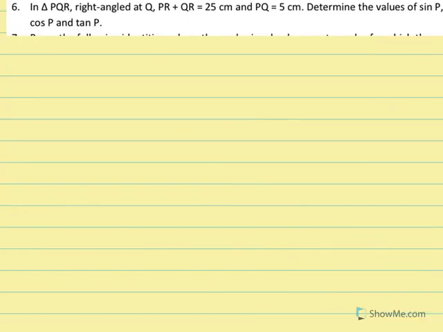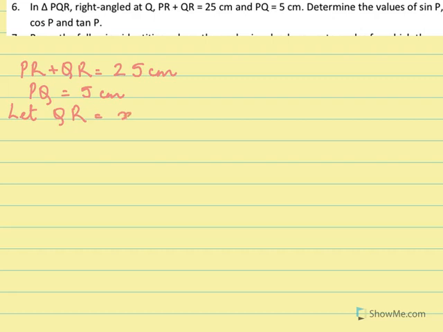In triangle PQR, right angle at Q, PR plus QR equal to 25 centimeter and PQ equal to 5 centimeter. Determine the values of sin P, cos P and tan P. So we start by saying let QR be x centimeter.